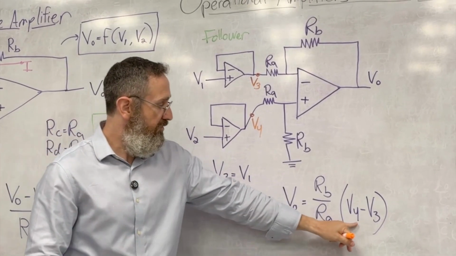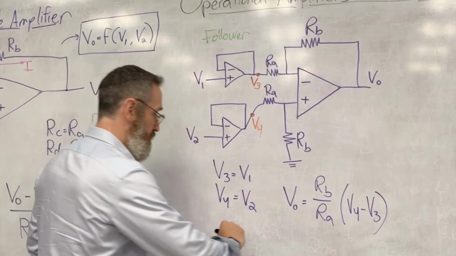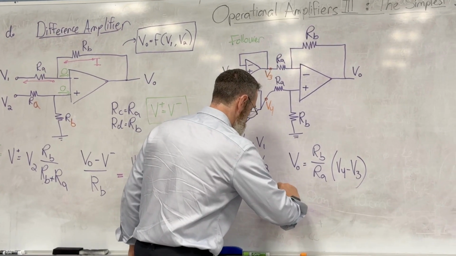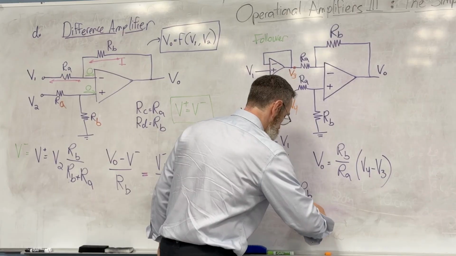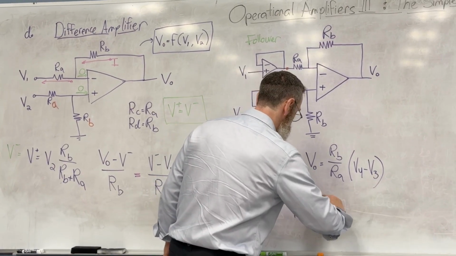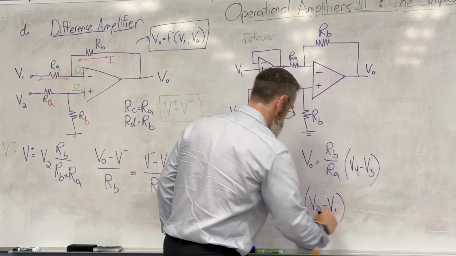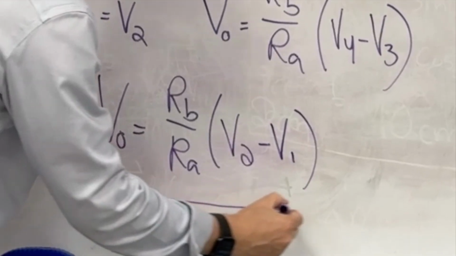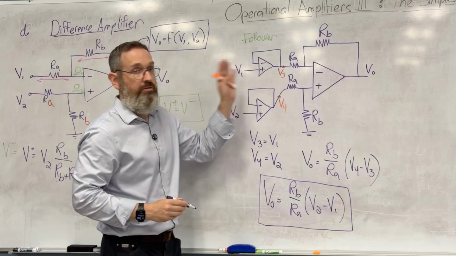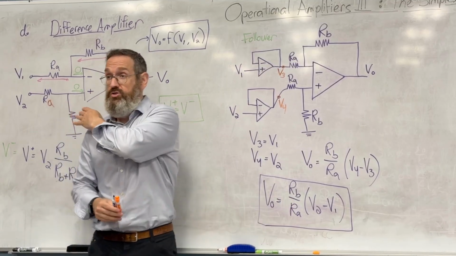But we know what V4 and V3 are in terms of V1 and V2. And so therefore we can say V out is equal to R sub B over R sub A times V2 minus V1. And this is now the equation for this circuit, which sure seems a lot like the equation we had before.